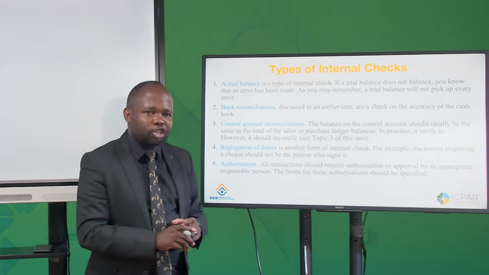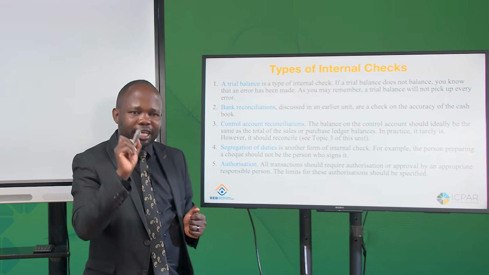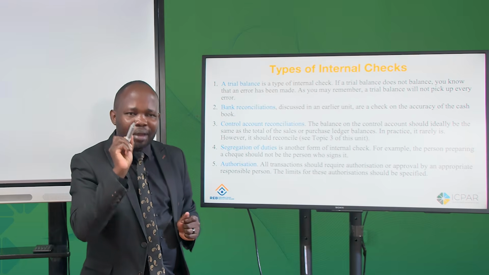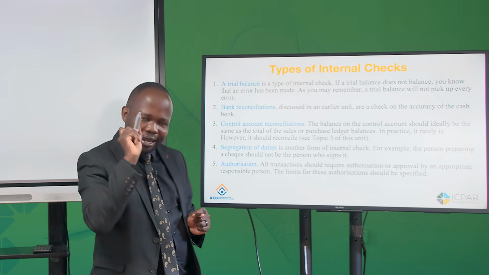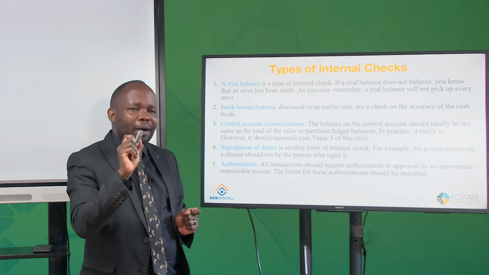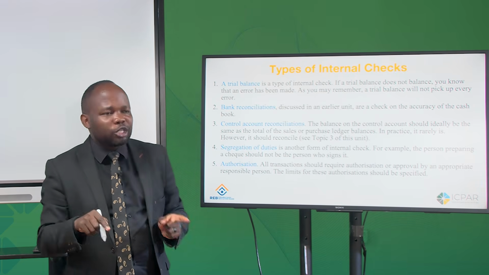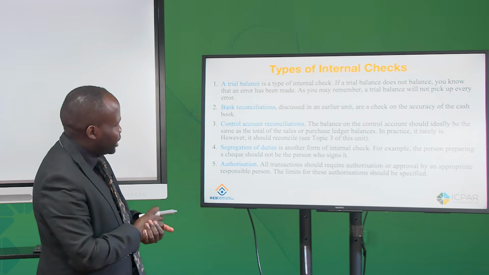Number one, a trial balance. A trial balance helps to check the arithmetic accuracy of all our ledgers. But it does not correct all mistakes. It may still balance if there are some errors which were made. So a trial balance is a type of internal check.